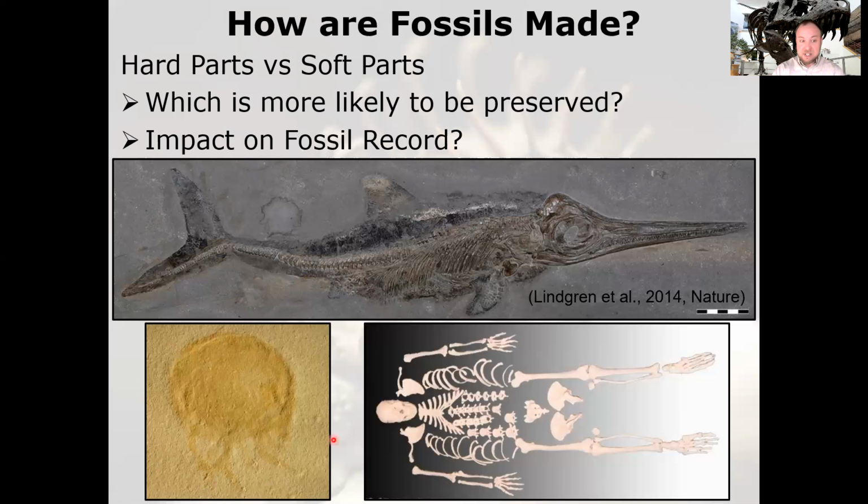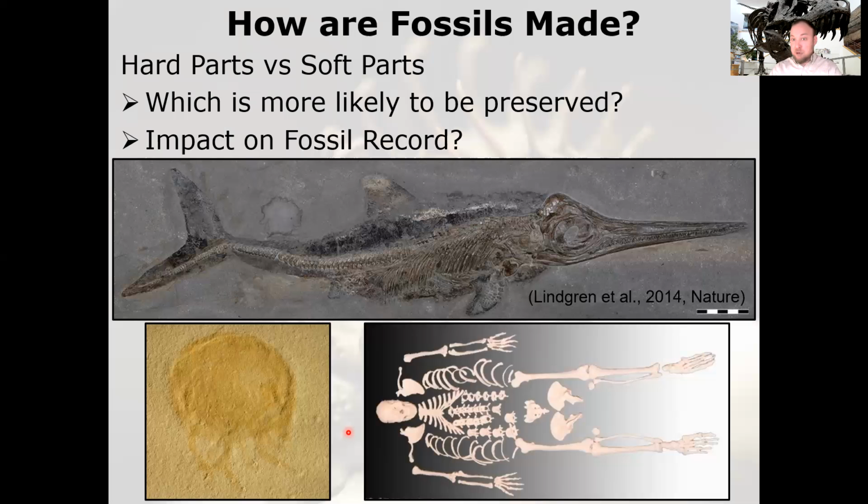Jellyfish fossils are incredibly rare, and you see that this body fossil is basically just an imprint with a carbon film. There's not a lot we can really tell from this organism other than its overall kind of shape. And so remember that the fossil record is biased. It's biased towards critters that have hard parts.